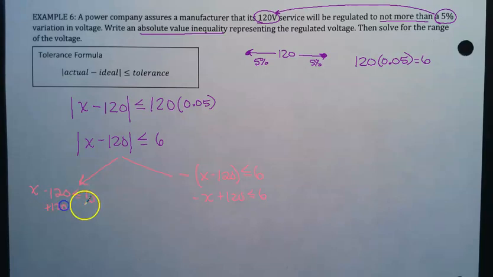We're going to add 120 to both sides. So x is less than or equal to 126. Over here, we're going to subtract 120. So we have negative x is less than or equal to negative 114. And then we're going to divide by negative 1, which means we flip our sign. Let me erase that. It kind of looks like a negative, and it shouldn't be. So x is greater than or equal to 114.